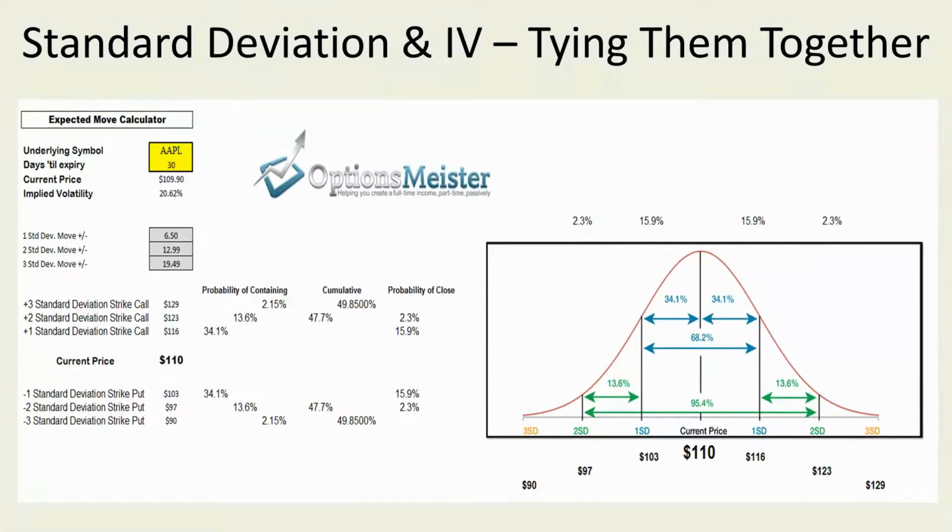In the next column over, I just indented it, and it says 13.6%. So now we know that 34.1 plus 13.6, 47.7% chance that the price of Apple over the next 30 days, at expiration, is going to be less than 123 and greater than 97, and so on.